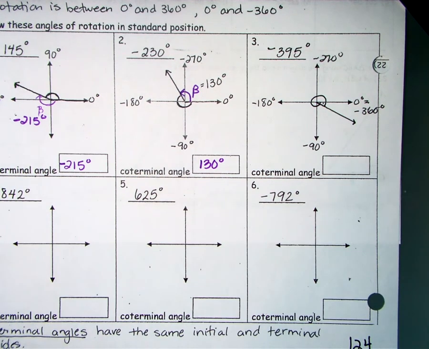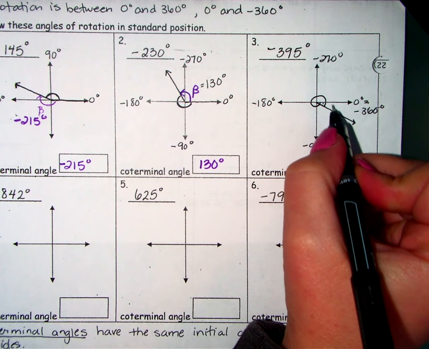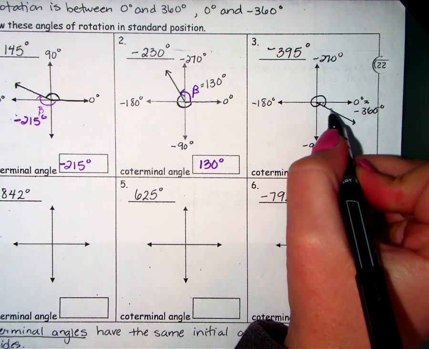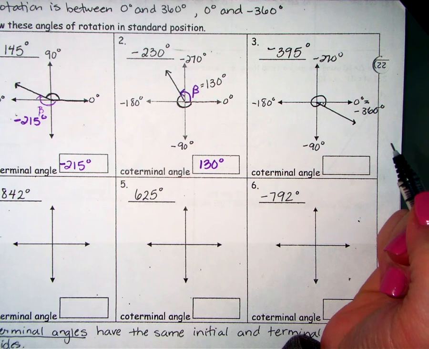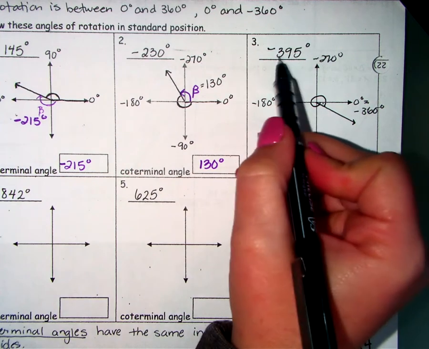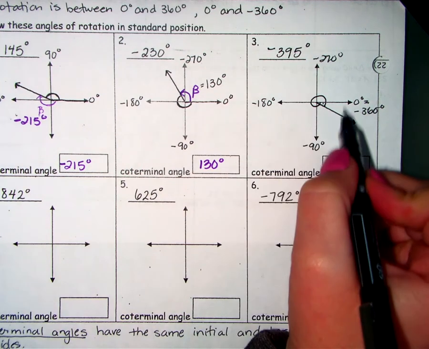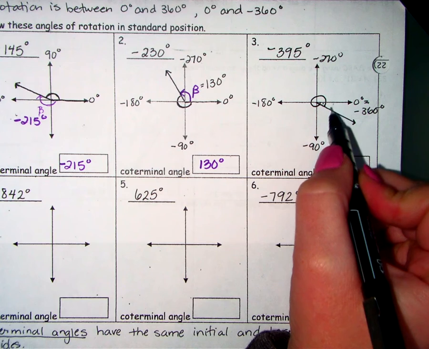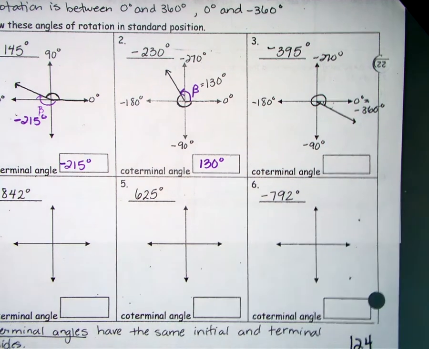So there are a variety of ways that we could look at coterminal angles. One way would be to figure out what is just this angle. What if I just go from 0 to right here? That would be the difference between the negative 395 and the negative 360. So that little tiny piece right here is just the difference.